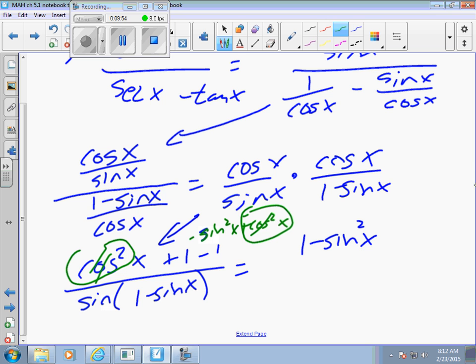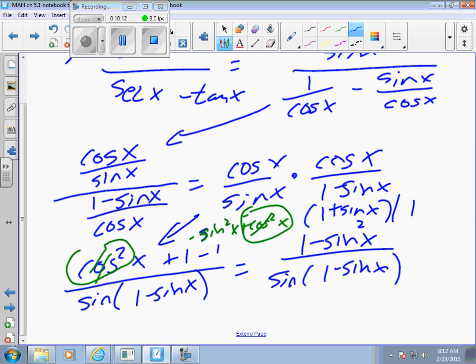And then, back to blue, I have a sine over 1 minus the sine of x. If I remember right, when I factor it, because it's the difference of squares pattern, 1 plus sine x times 1 minus sine x.